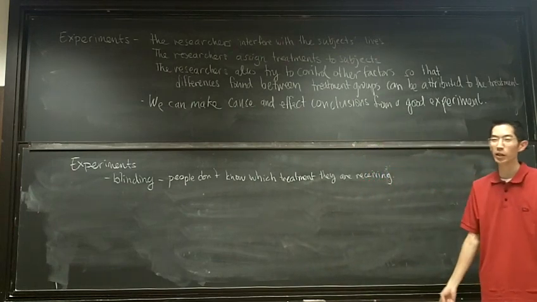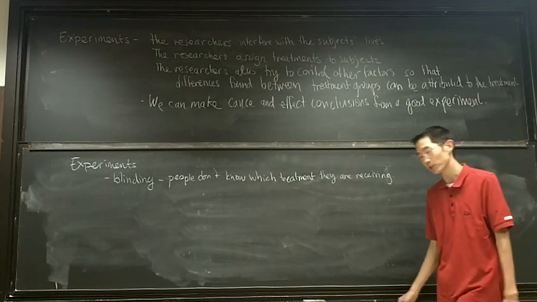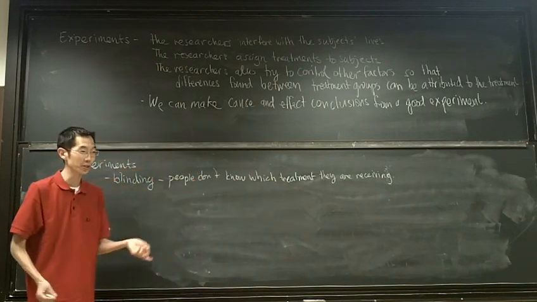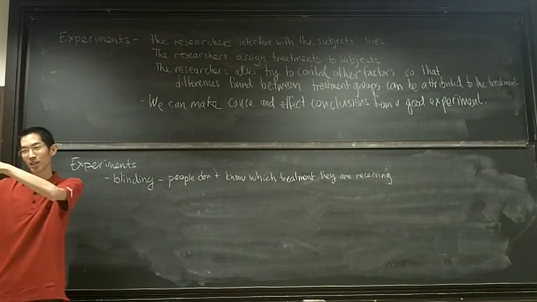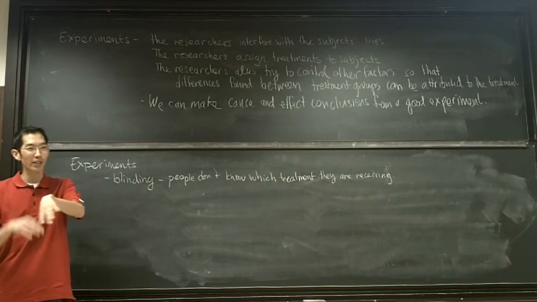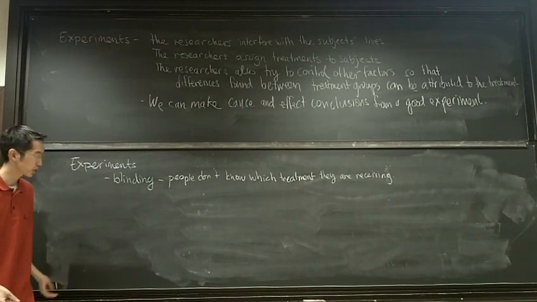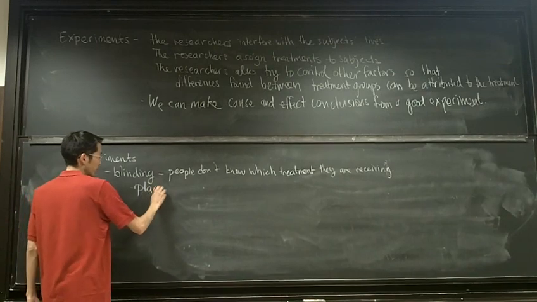If you hear double blind, it means the researcher doesn't know which treatment is being used either. Okay? So double blind means both the person receiving it and the researcher, neither of them knows which treatment is being used, and only an uninvolved third party has the records to keep track of everything, to know who's getting which treatment. Okay? So this goes hand in hand with placebo.